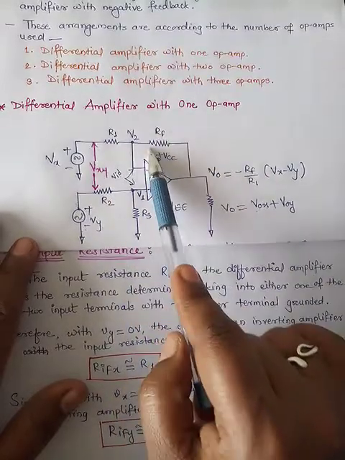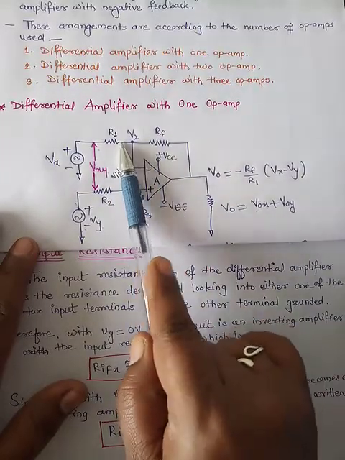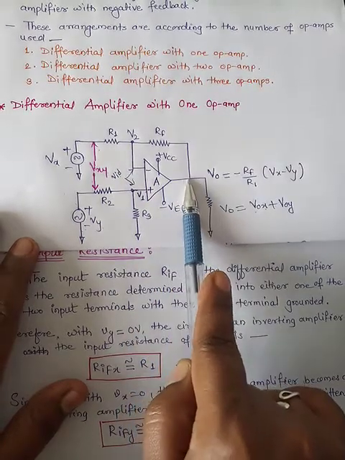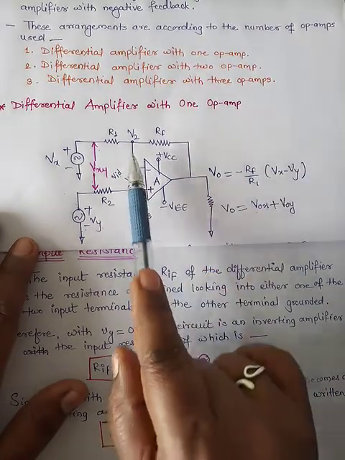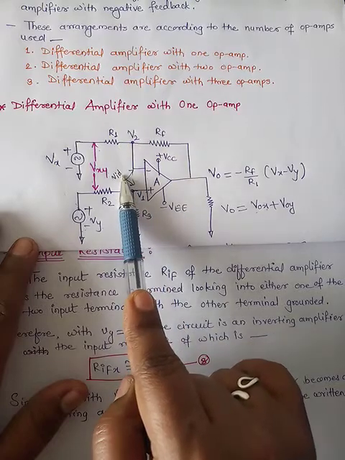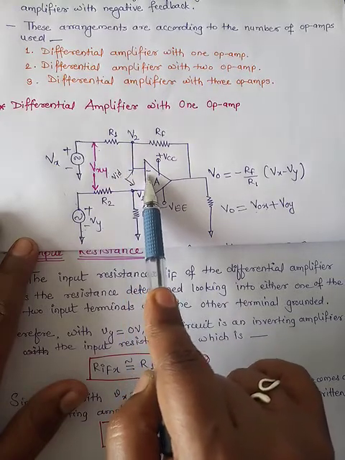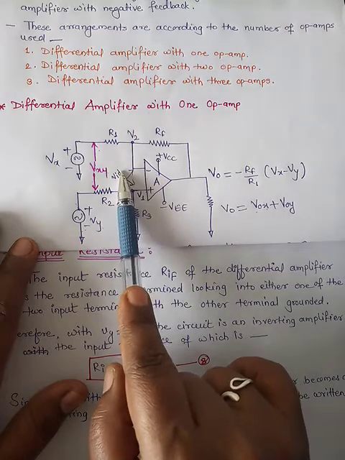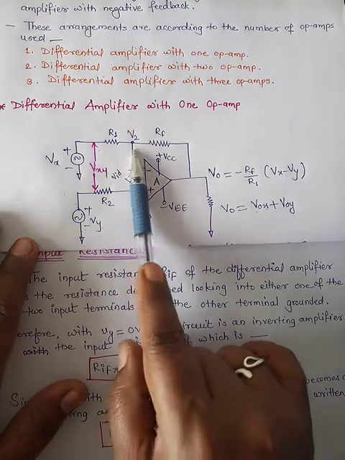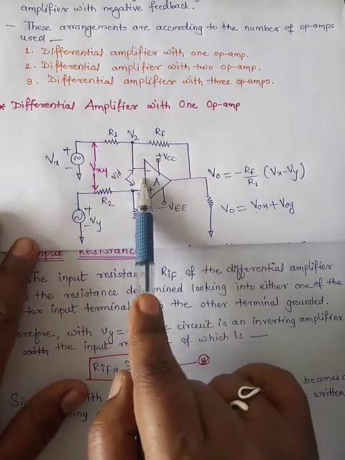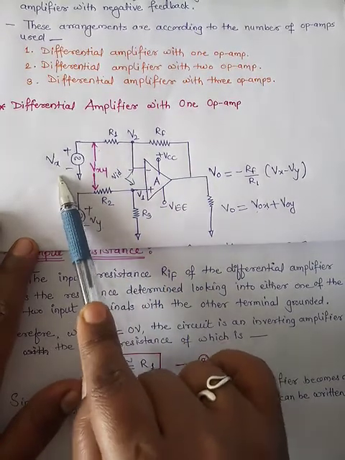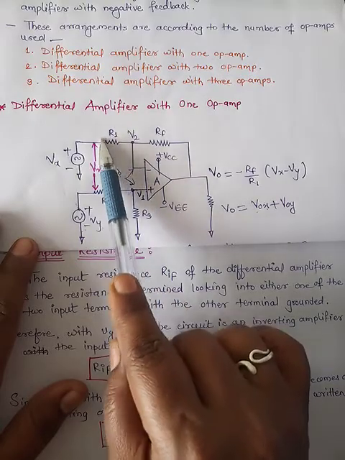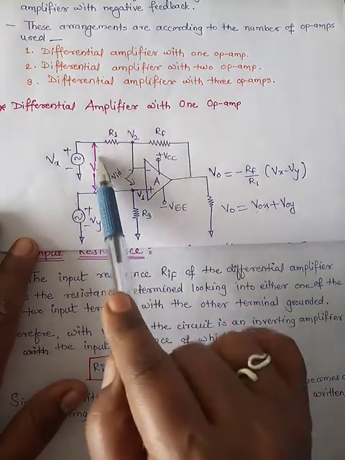We Millerized this Rf resistor into two components, one connected to the inverting input and another connected to the output terminal. The Millerized component at the input and the input resistance of the open loop op amp Ri are in parallel, and this parallel combination reduces to the minimum resistance value. So this signal source Vx will experience an input resistance equal to R1.